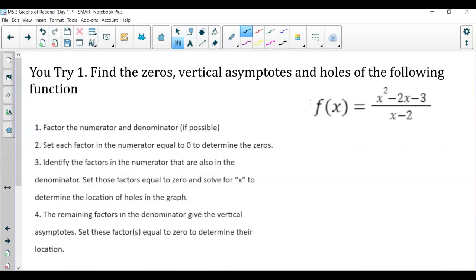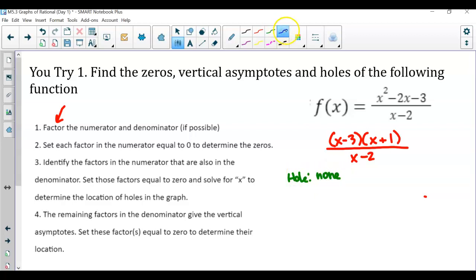And here we go. So again, always focus on factoring, right? So I can factor my numerator. So this is x minus 3 times x plus 1 over x minus 2, nothing you can do. Now remember, the hole is always what common factors we had. Well, what do you notice? Nothing canceled out. So guess what that means? Do we have a hole? Sure don't. So there is no hole, none.